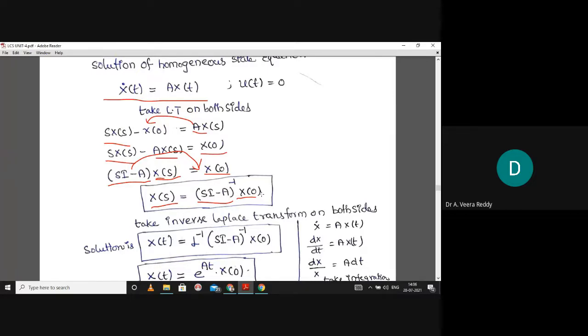Now we can take the inverse Laplace transform on both sides. Once we know X of s, we take the inverse Laplace transform and we get x of t.